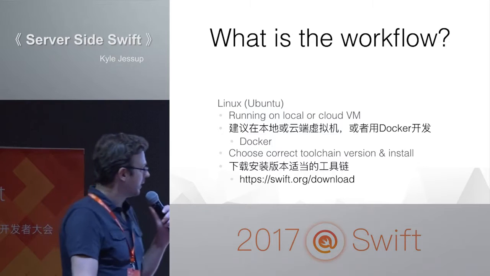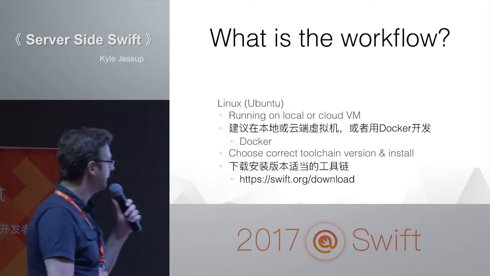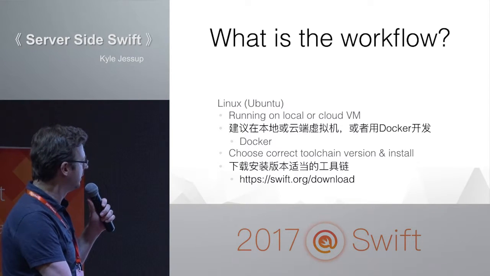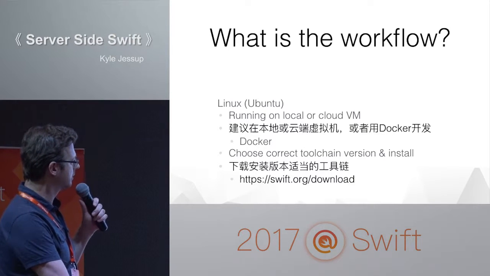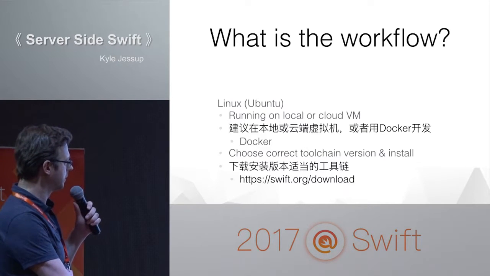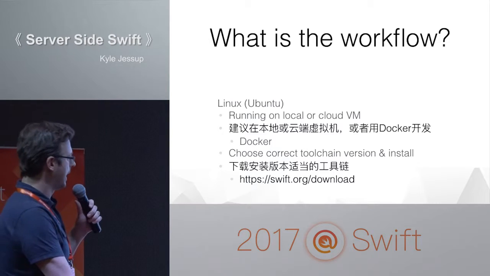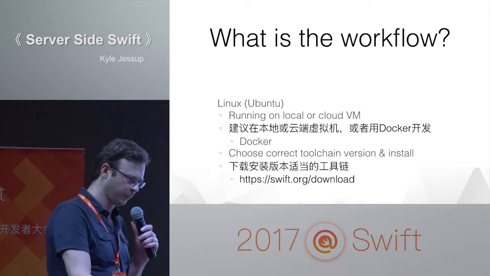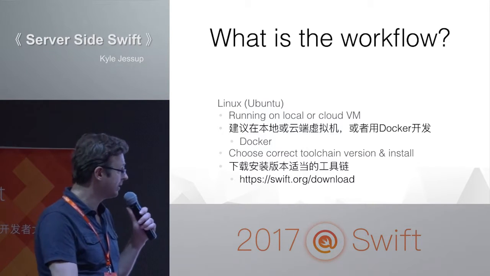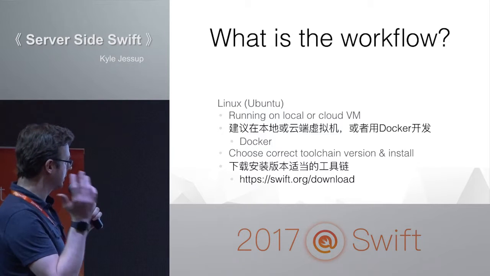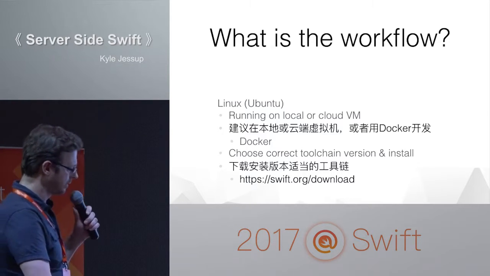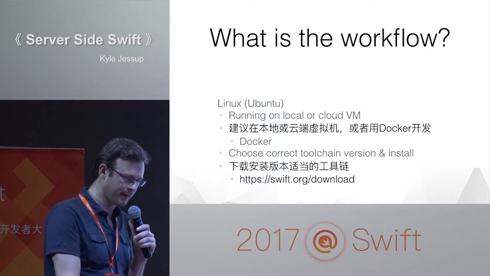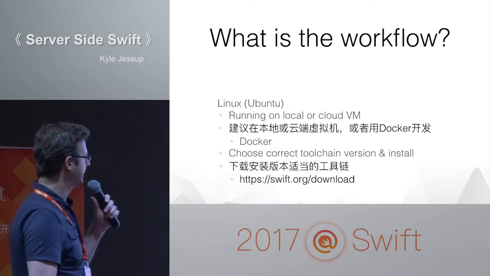So eventually, you want to move things to Linux. The Swift builds are officially released for Ubuntu, and it supports 14, 15, and 16. Of course, there are other ports. People run it on CentOS and a few other places, Raspberry Pis.